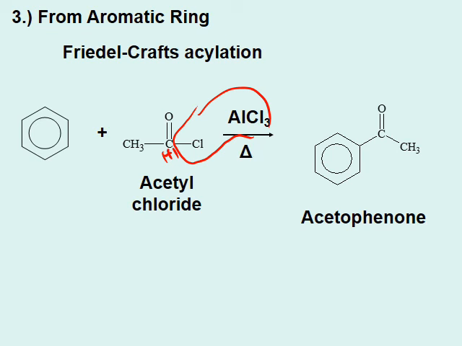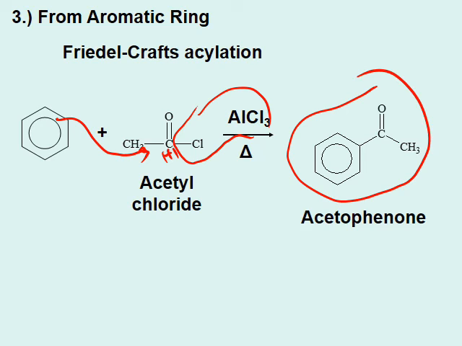Positive charge, when developed, is always attracted towards benzene ring. So benzene's double bond would show attraction for this positive charge, and basically it would be attracted to that positive. And finally, Cl, of course, already left, and then you have this compound, acetophenone. Again, the mechanism of this reaction was described under reaction of benzene.